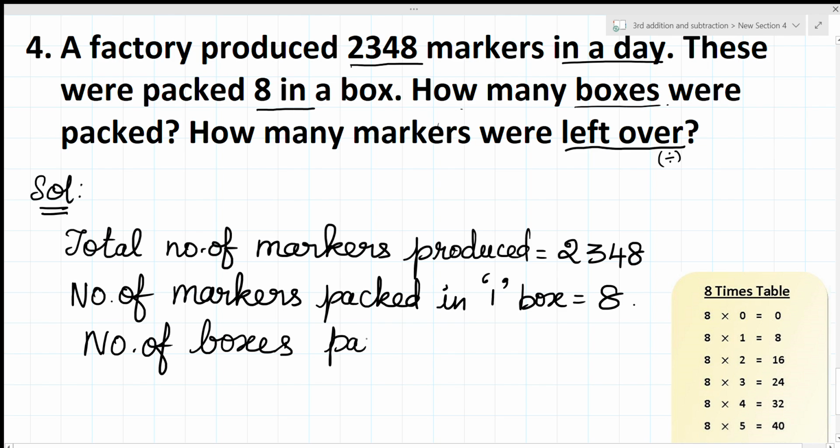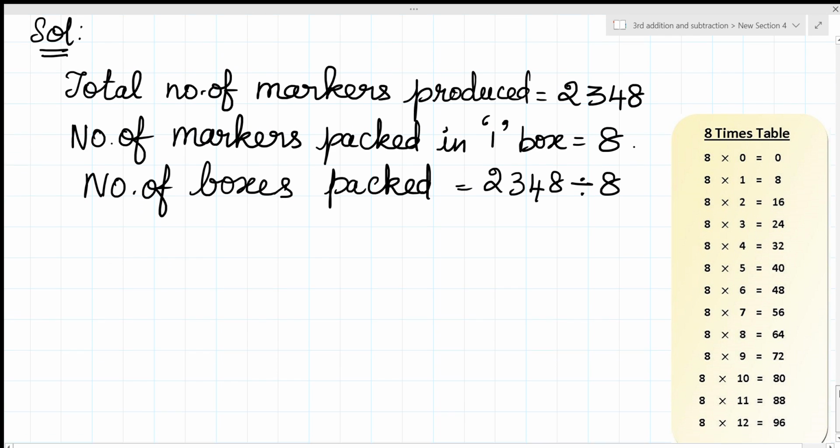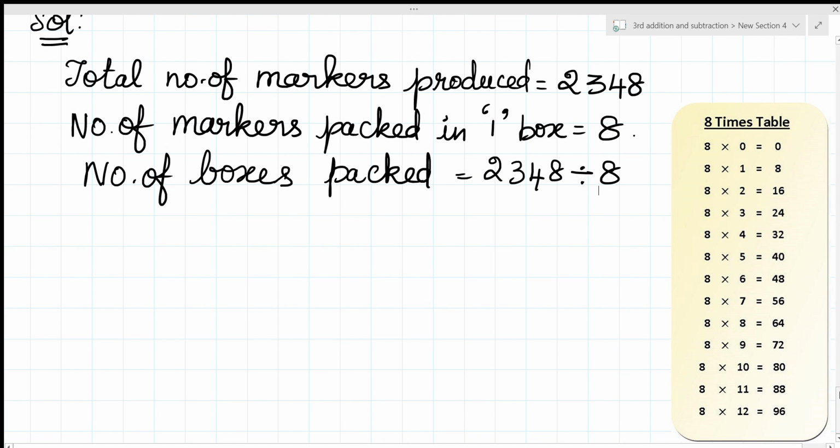How can we find? By dividing 2348 divided by 8. Yes, now let us divide the numbers. Before that, what we want to do? Yes, we have to arrange the numbers. 2348 divided by 8.